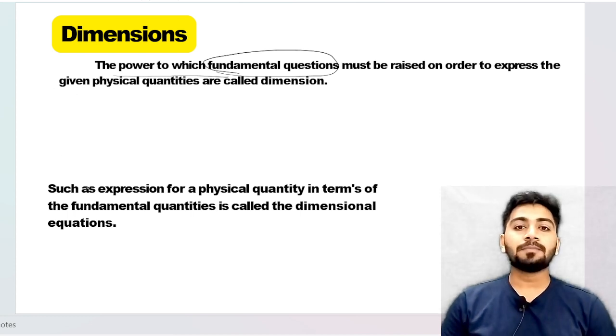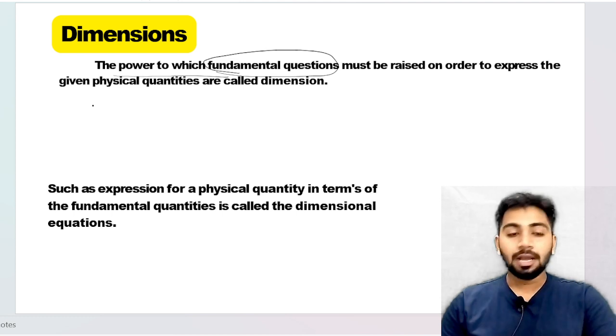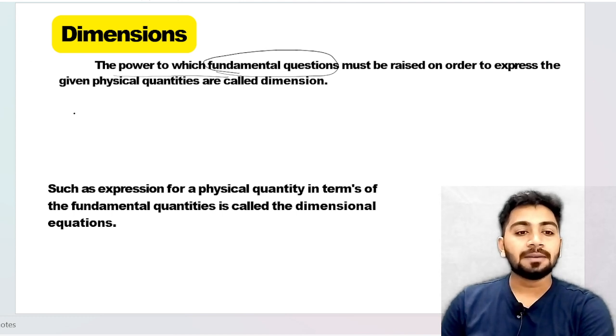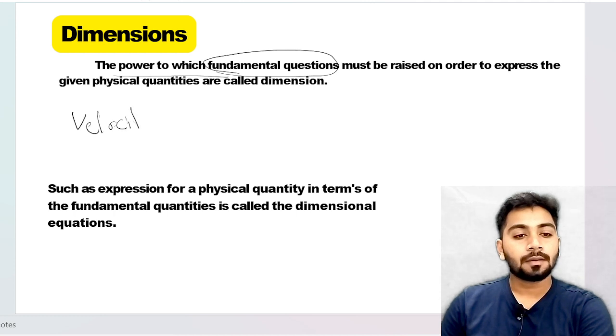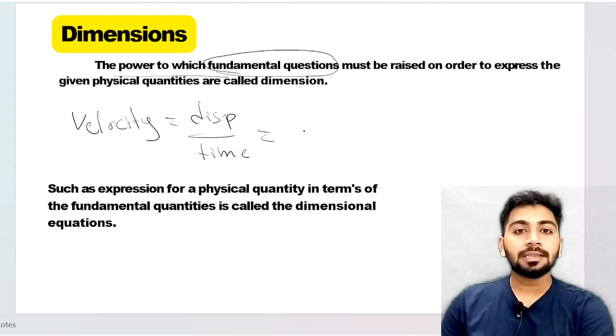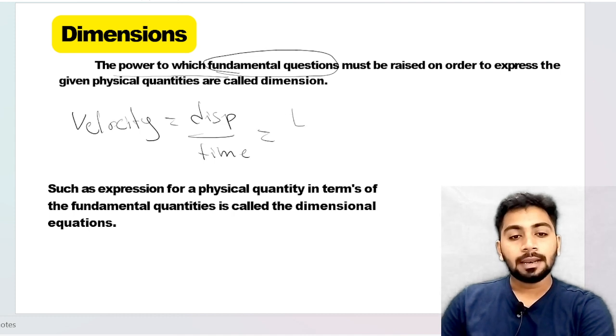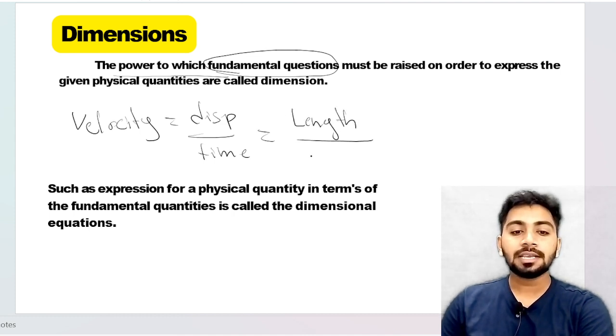I will give one example, you will clearly understand. Let's say velocity. Velocity is equal to displacement divided by time. Displacement is measured in length, and time is measured in seconds, let's say time only.